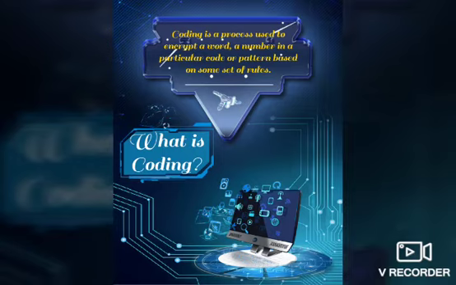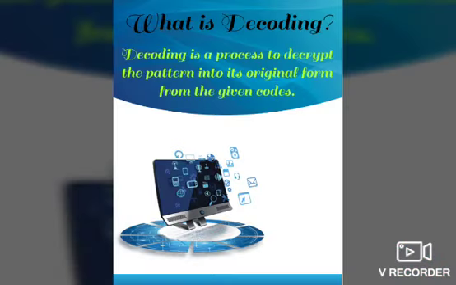I can code it in any language. So, what is decoding? Decoding is a simple way of bringing the coded form back into its original form. So, once I have coded something, I have to bring that thing back to its original, and that is called decoding.